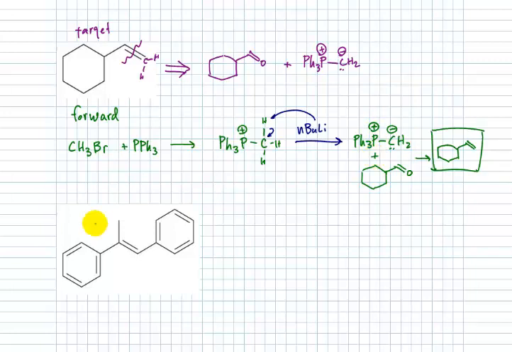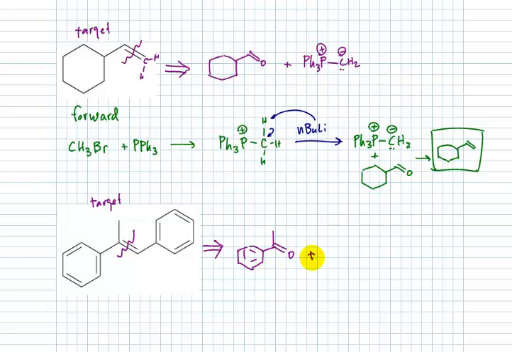All right, if this compound is our target, we have a disubstituted side of the double bond and a monosubstituted side of the double bond. So going backwards retrosynthetically, the side with more R groups will be the carbonyl. So benzene, CH3. So this is acetophenone.